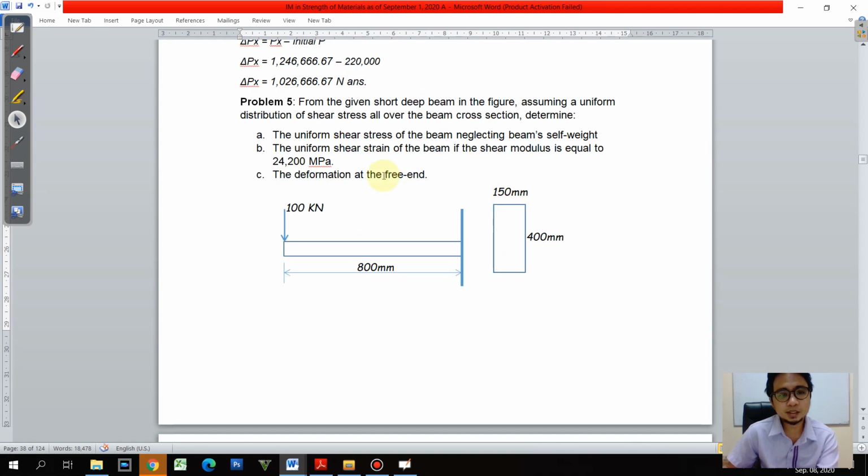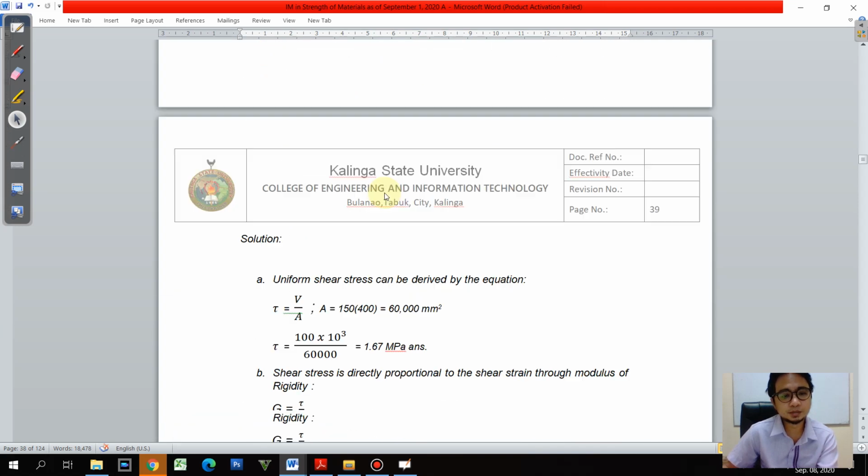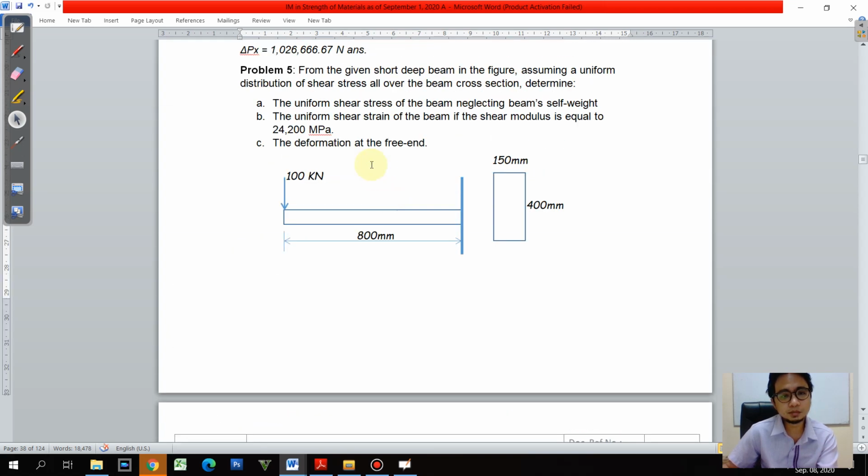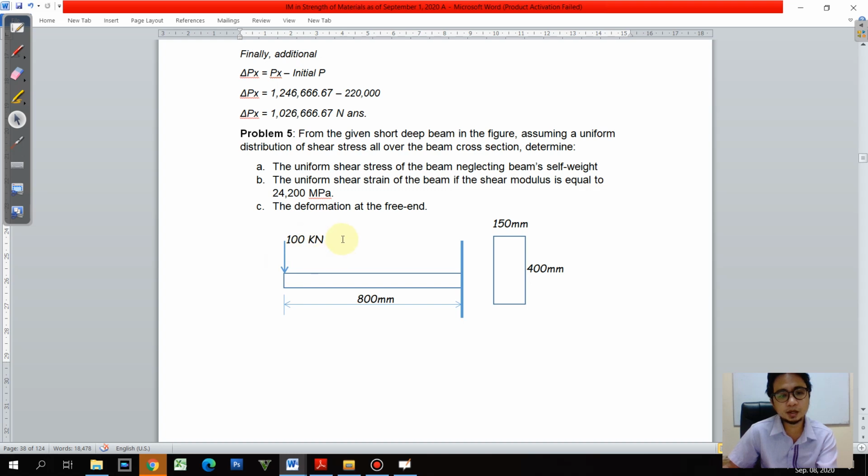So in this case, we are referring to a shear stress. Okay? So talking of shear stress, if we apply 100 here, magkakaroon tayo dyan ng 100 na reaction.